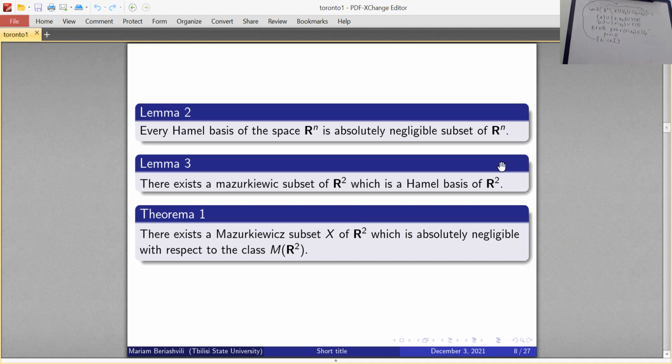And let us put that zeta-i minus zeta-j is not in U-xi for any two distinct indexes i and j from the set I.